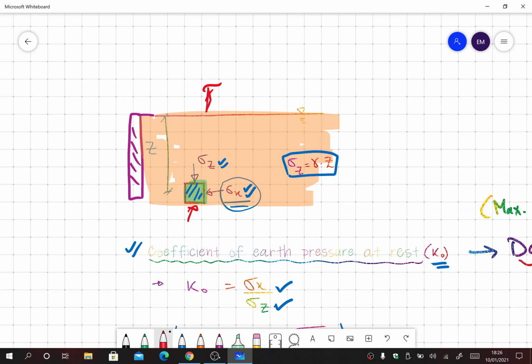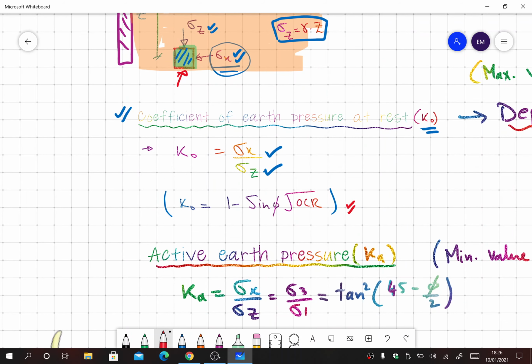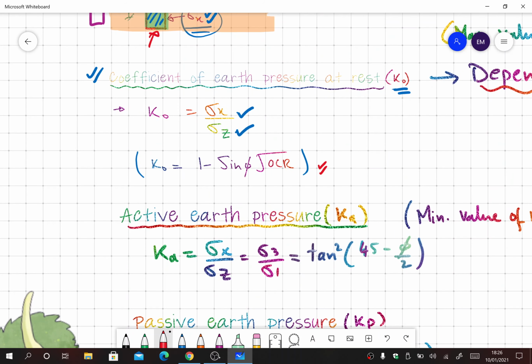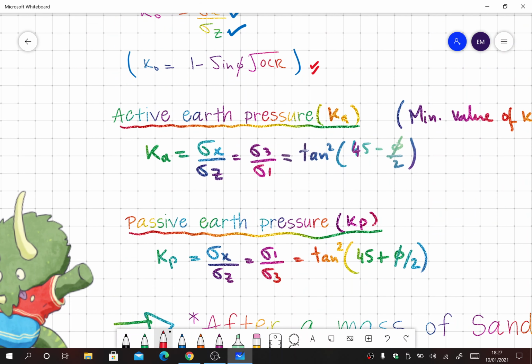In active condition our formula remains the same, sigma x over sigma z is equal to the coefficient of earth pressure, but it becomes active once the horizontal pressure is the minor principal stress and the vertical pressure is the major principal stress. And on the contrary, in the passive earth pressure the situation remains the same, it is indicated by Kp and it is equal to sigma x over sigma z, that means horizontal stress over the vertical stress.